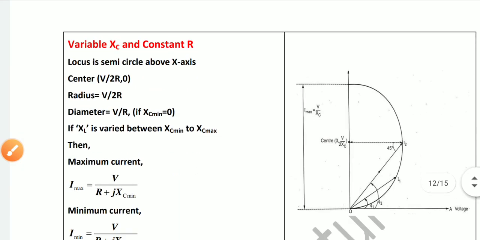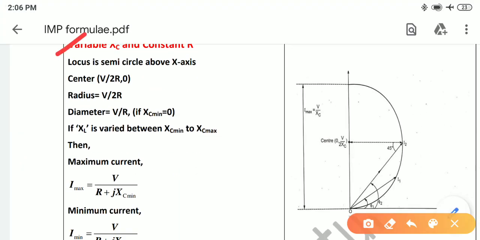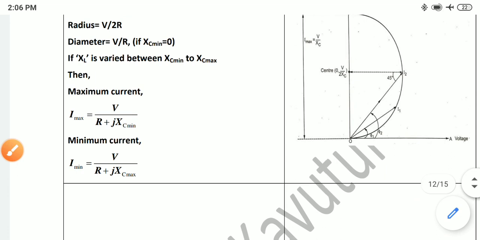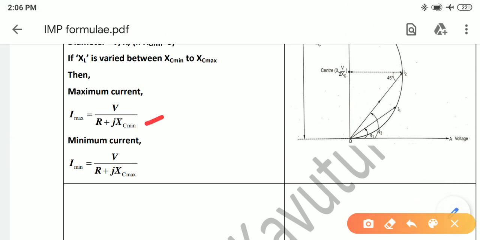Next, for constant resistance and variable XC, the locus is the same, above the x-axis, with the center V by 2R comma 0 (the diagram is wrong here), the radius V by 2R, and the diameter V by R. If XC is varied between XC minimum and XC maximum, then the maximum current is obtained with the minimum value of XC, and the minimum current with the maximum value of XC.